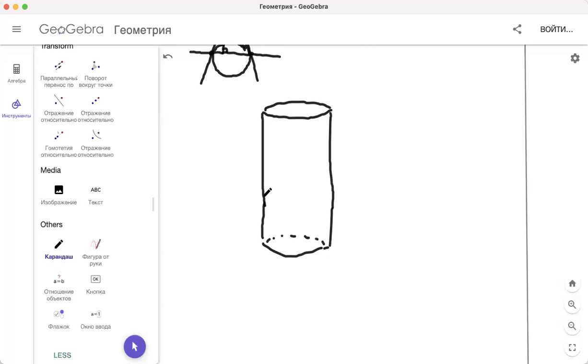So if you have some section of a cylinder, you can consider inscribed spheres of this cylinder and move this inscribed sphere inside the cylinder in such a way that at some moment the sphere will be tangent to the plane of the section.